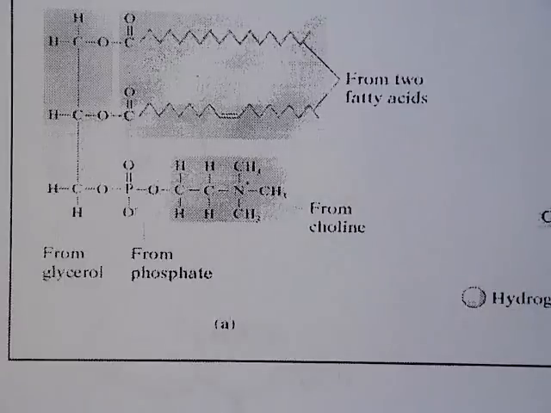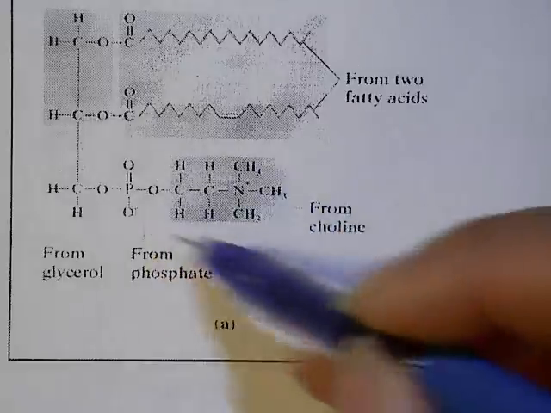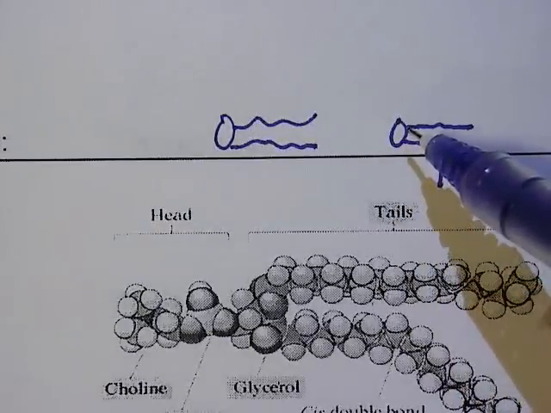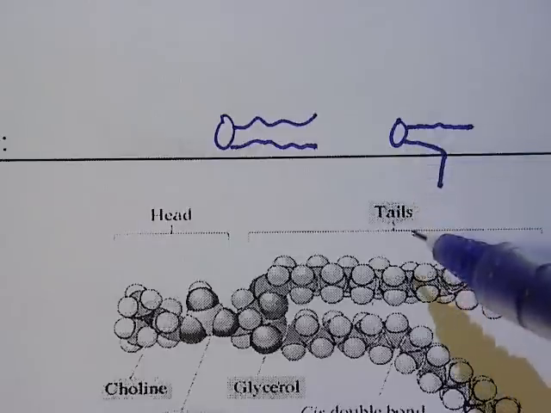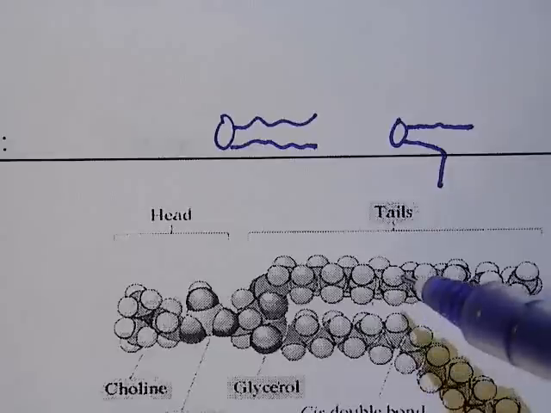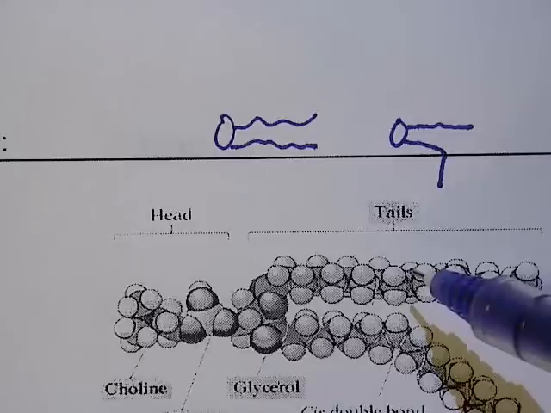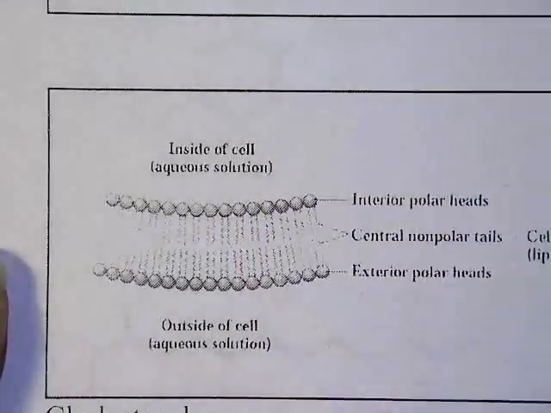What happens is that these phospholipids in aqueous solution spontaneously form a lipid bilayer. The polar groups, the head in the drawing, face outward, and the nonpolar tails aggregate pointing inward to avoid the water molecules. Here's a drawing of it.